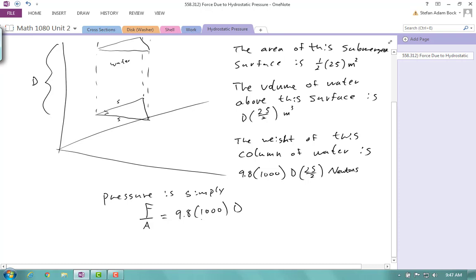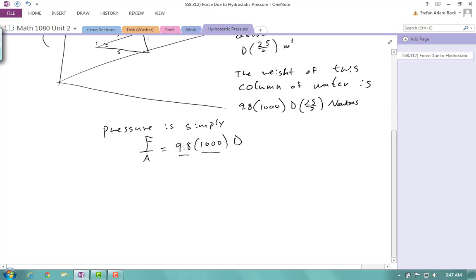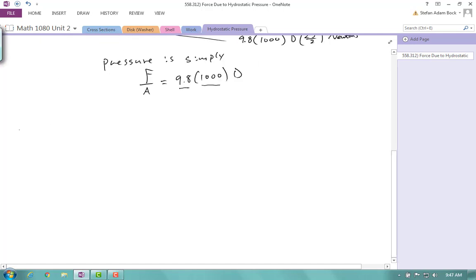So since the density of the fluid, be it a gas or a liquid, is going to be essentially constant, and the acceleration due to gravity is likewise going to be constant, unless you've got some really weird things going on, that means the pressure is simply a function of the depth in the fluid in which you are placed. So I'm going to try to do one of these where I think of it as pressure multiplied by area to get the total force.